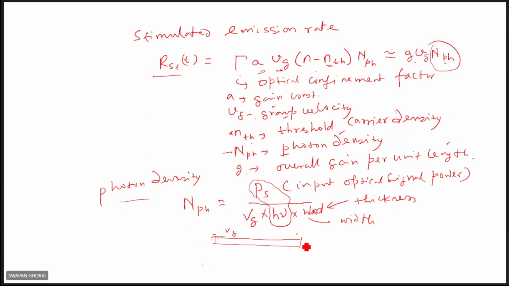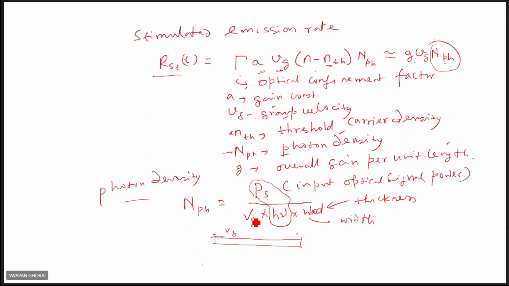You can consider a cylinder of length v_g, with width W and thickness d of the active layer.